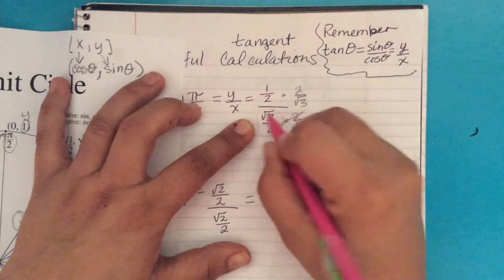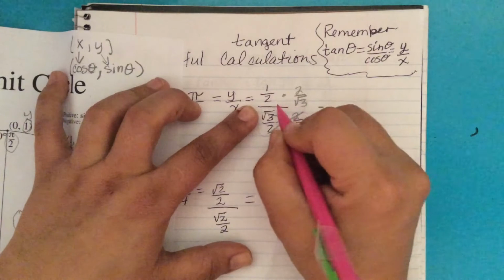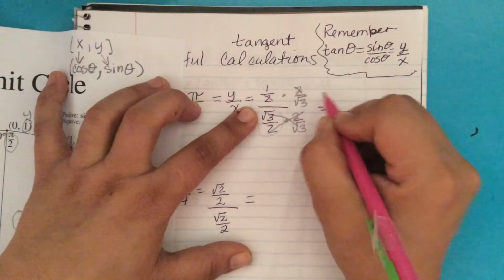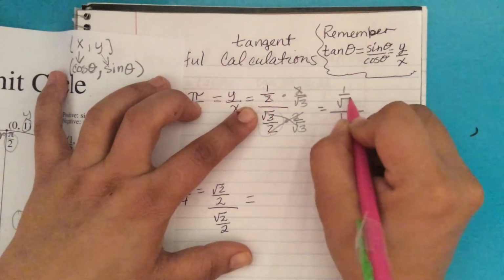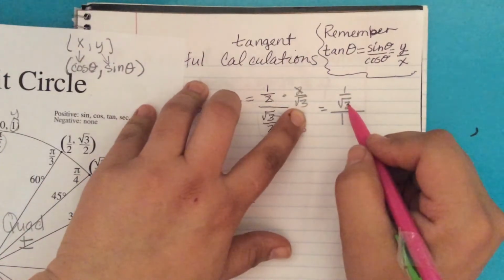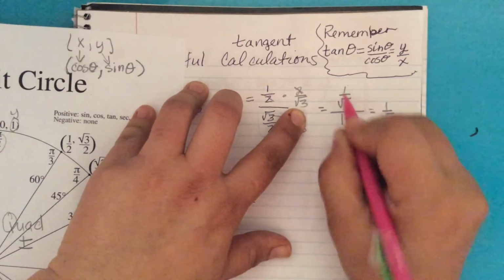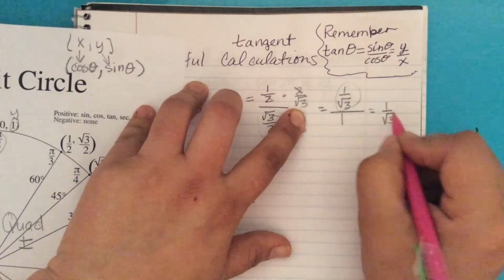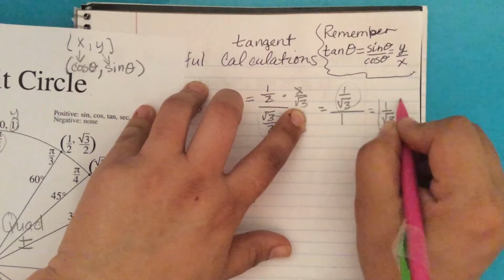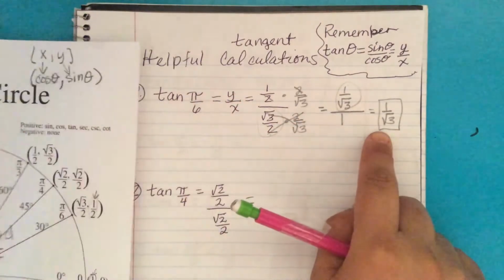So these cancel, which is equal to over 1. And then the 2 cancels with that, so it's going to be 1 over the square root of 3. So 1 over the square root of 3 over 1 is just 1 over the square root of 3. Any number divided by 1 is just that number. So that is the tangent of pi over 6, 1 over square root of 3.